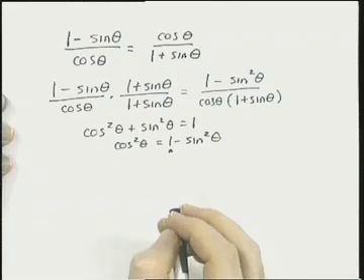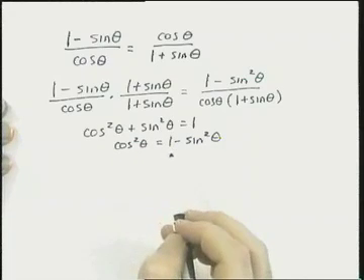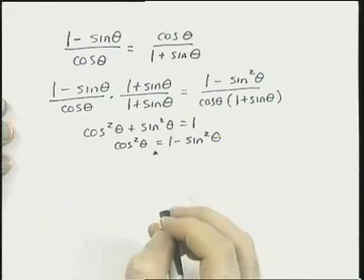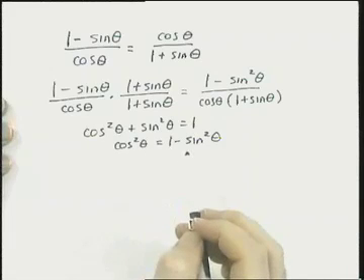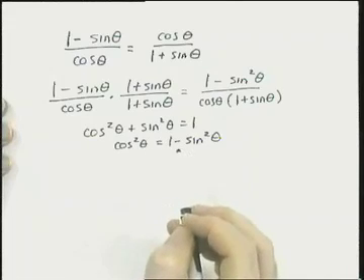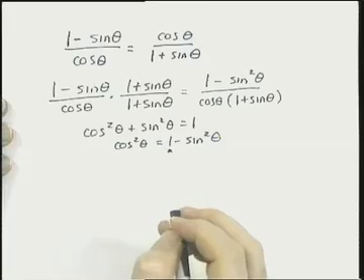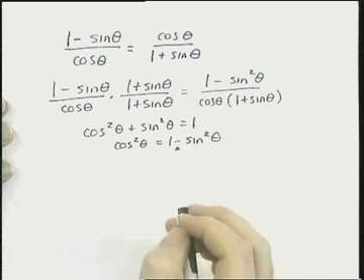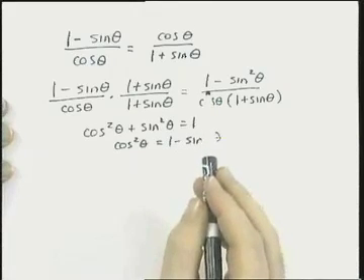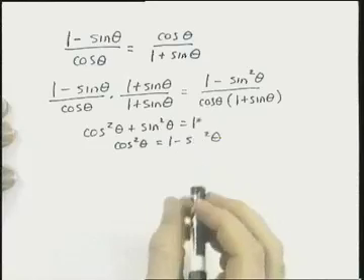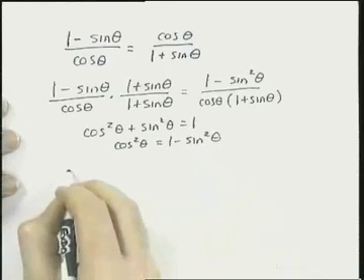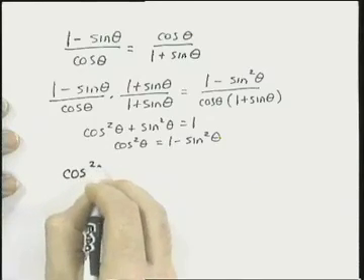In other words, we not only need to be familiar with the identities as they're stated in the text, we really need to be familiar with or comfortable with manipulating these identities so that we can recognize variations of them. So in place of the 1 minus sine squared of theta, I'm going to put cosine squared of theta.